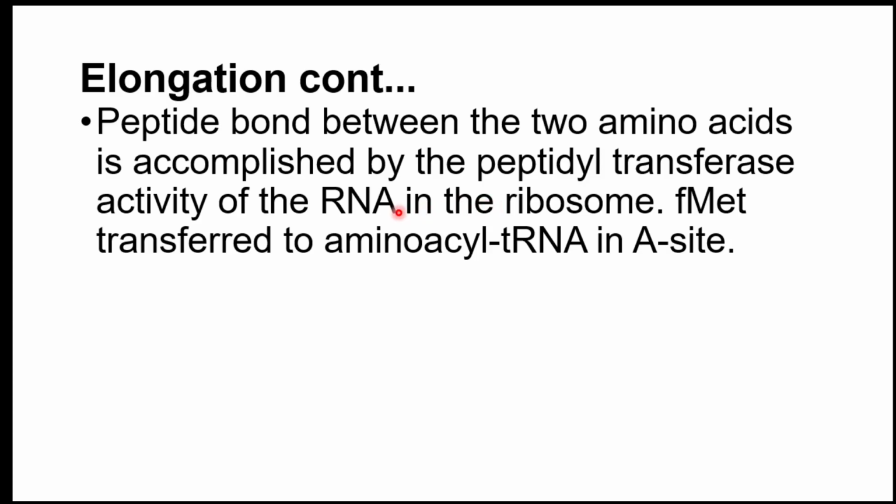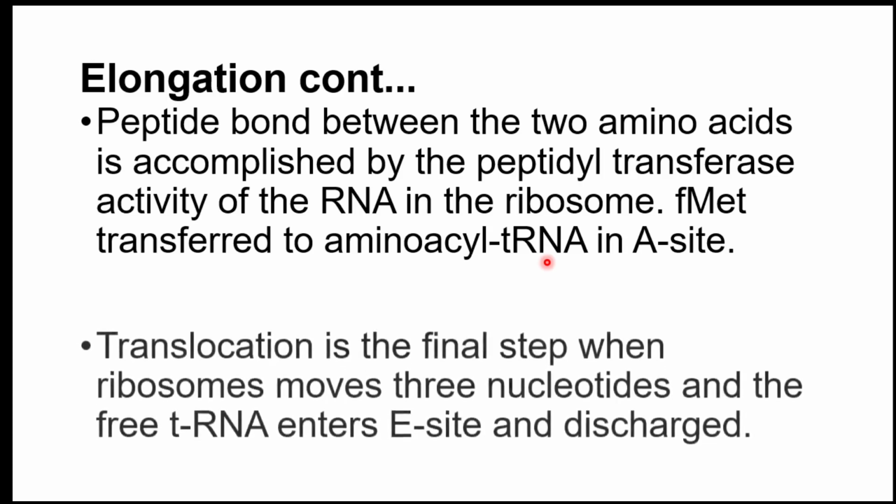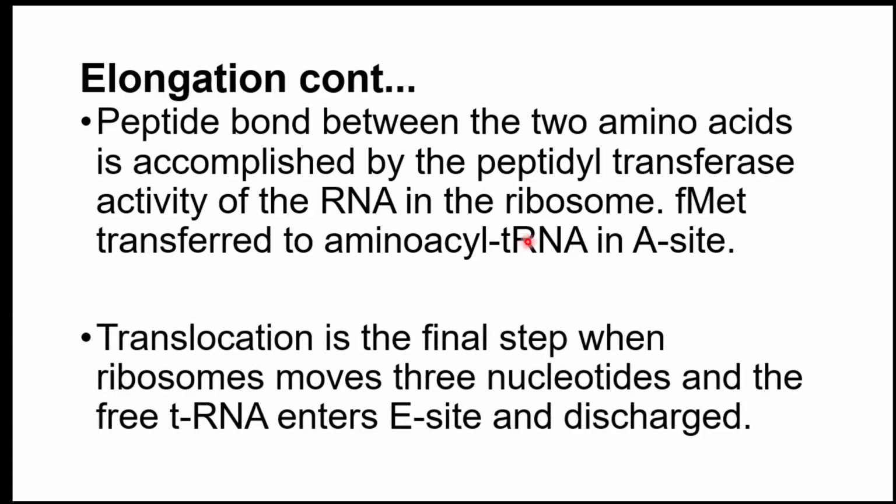This enzyme's activity leads to the formation of the peptide bond between the two amino acids. So when that happens, it means the peptide bond has been formed, and therefore the subsequent amino acids can be brought in to form our polypeptide chain.